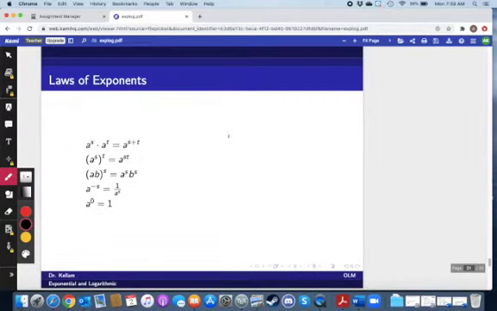The one property that I'm pretty sure that you have worked with a lot that isn't listed here is this property, which we know to be a to the s minus t.